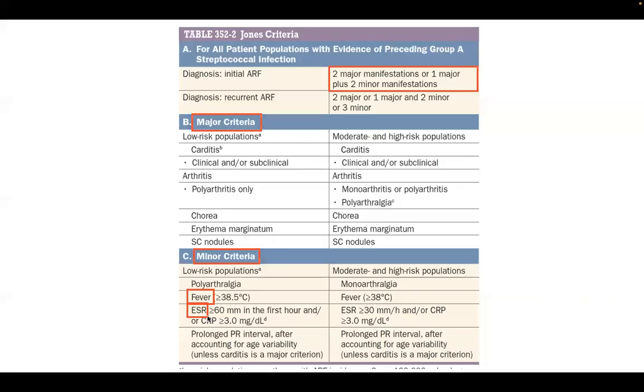Now, question. In what condition or scenario can you come up with the diagnosis of rheumatic fever with only one manifestation plus a history of a recent strep infection? What is that one condition? Very good. If there is Sydenham's chorea.